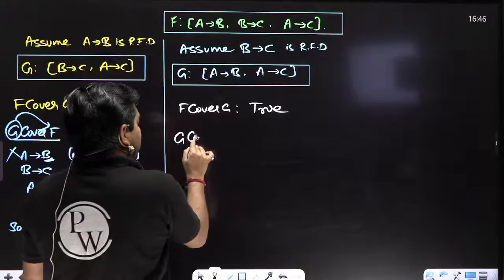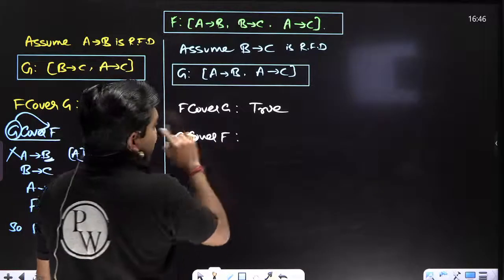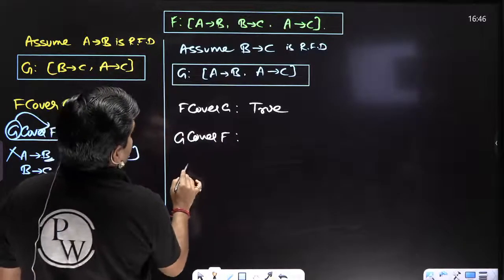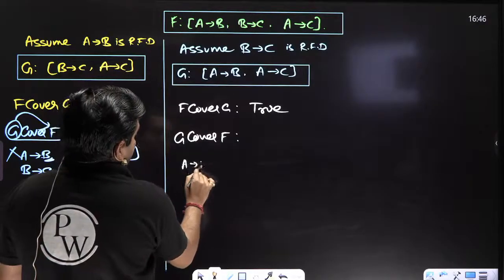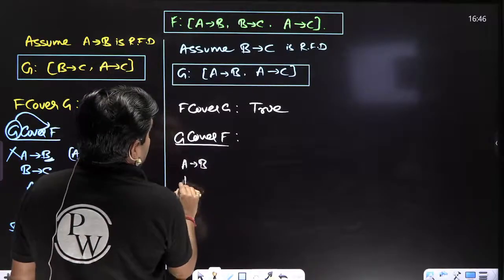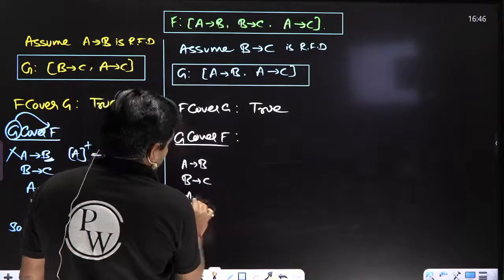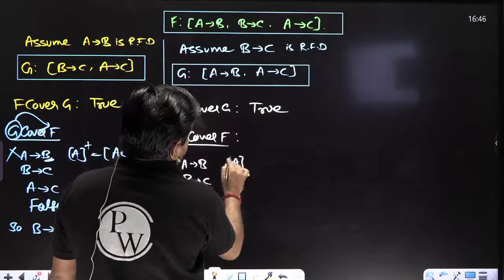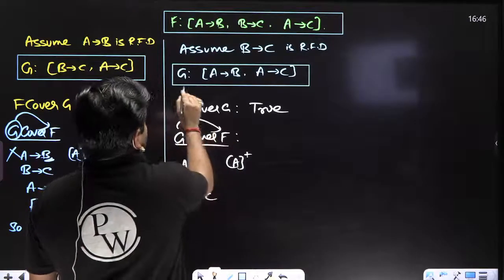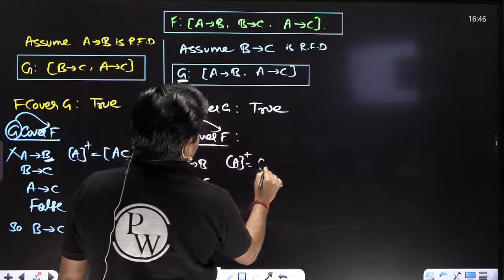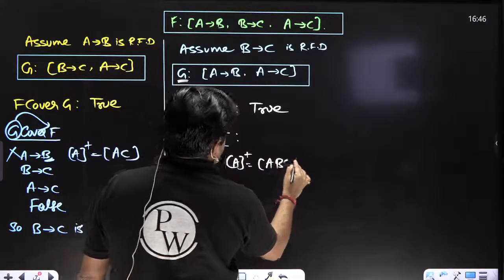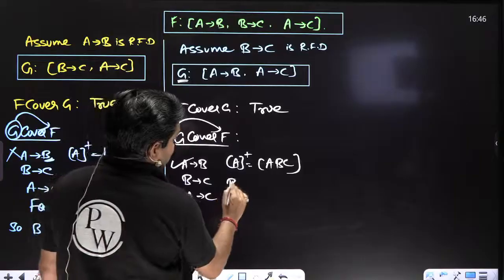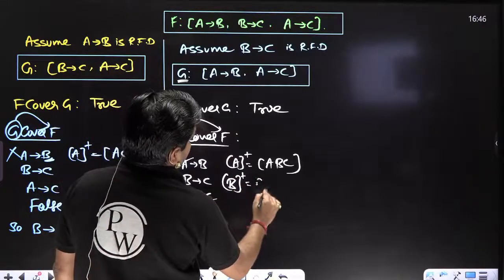Then G covers F. So what do we do? Write down the FDs: A to B, B to C, A to C. When you take the closure in G of A, what are we getting? A, B, C. Yes. When we take the closure of B only, we are getting B.